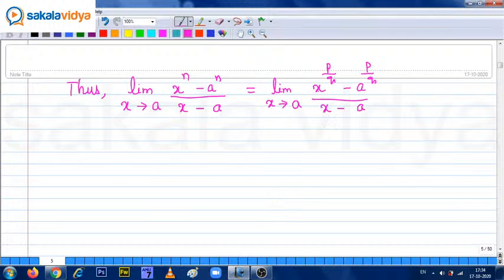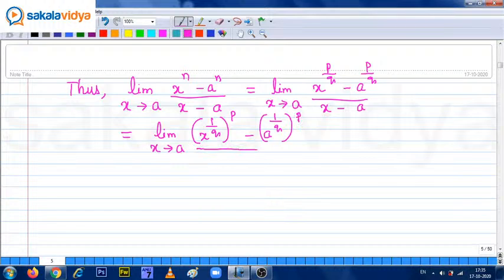But we should not write directly p by q times a to the power of p by q minus 1; we need to convert it into a power of a positive integer or negative integer. So this can be rewritten as the limit x tends to a of ((x to the power of 1 upon q) whole to the power of p minus (a to the power of 1 upon q) whole to the power of p) upon (x minus a).